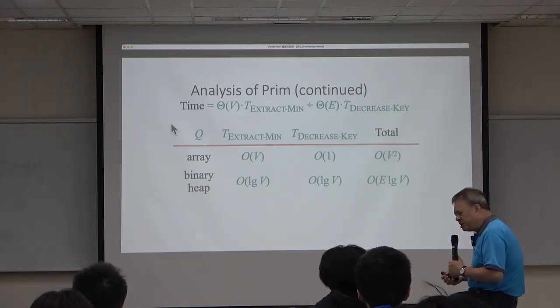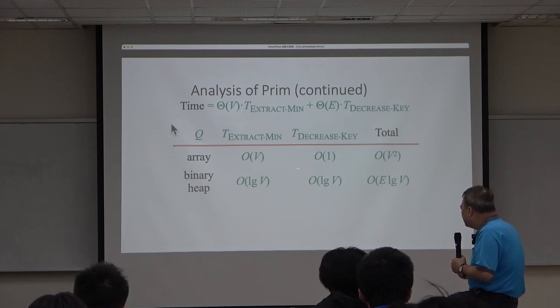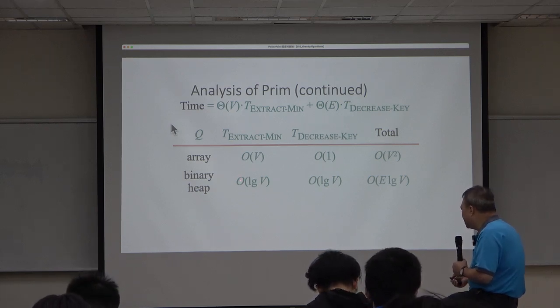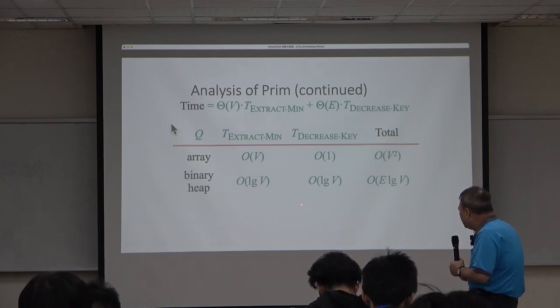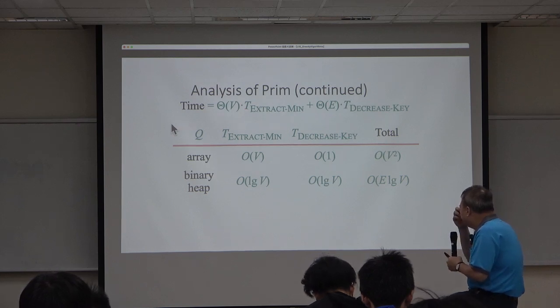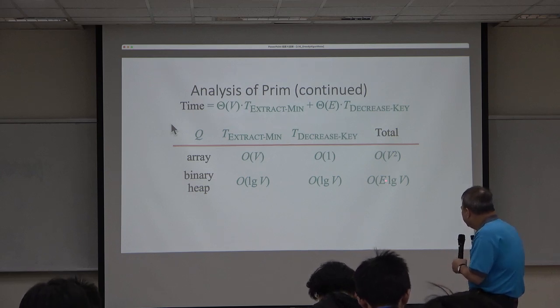It is very efficient in terms of extract min. For decrease key it is also log, which is worse than the array, but at least it improves both operations. Both operations will be log V. If you plug these two into this formula, the time complexity for Prim's algorithm becomes big O E log V.